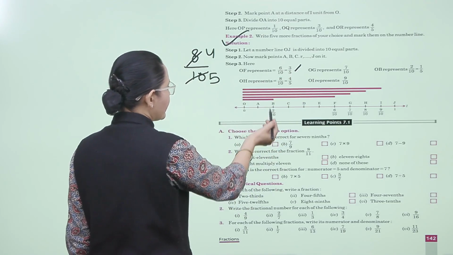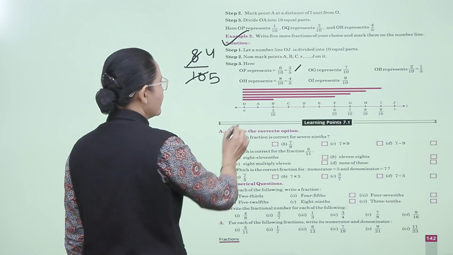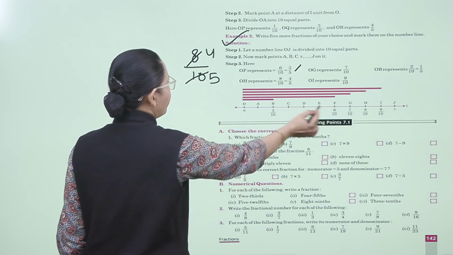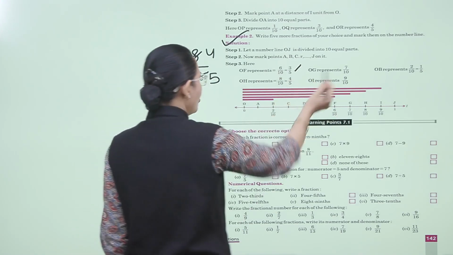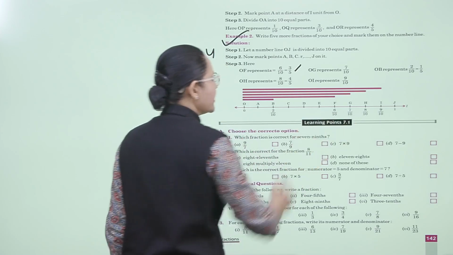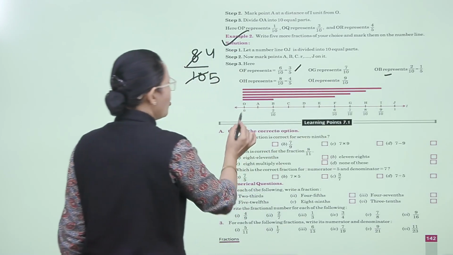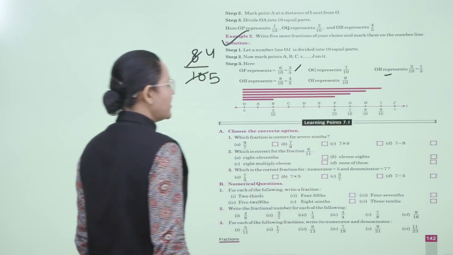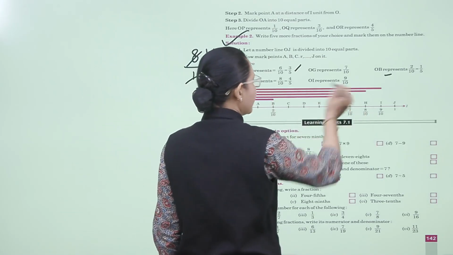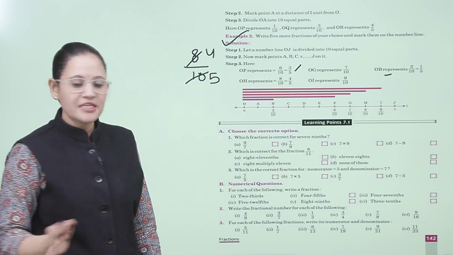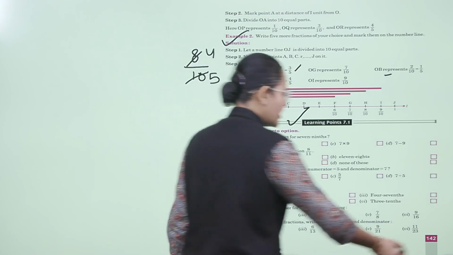Here you can see B, that is 2/10. OF 6/10, simplest form 3/5. OG 7/10. OB 2/10, simplest form 1/5. OH 8/10, simplest form 4/5. OI, O to I 9/10. Clear? Next is learning point 7.1. So you have to practice all the questions given here.